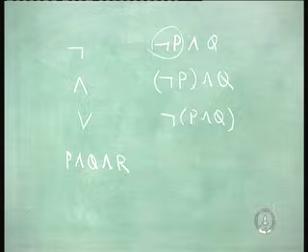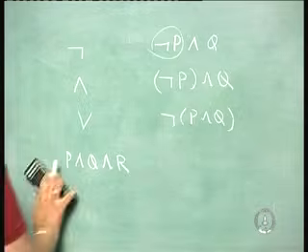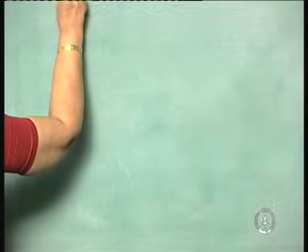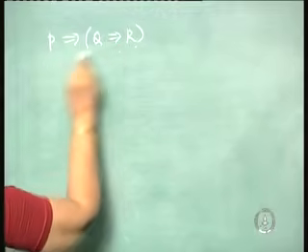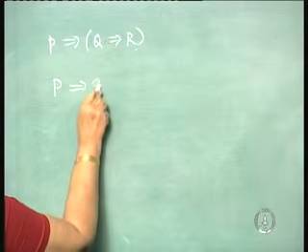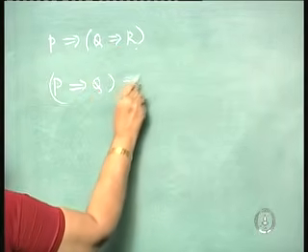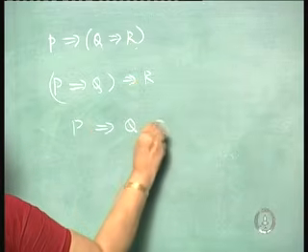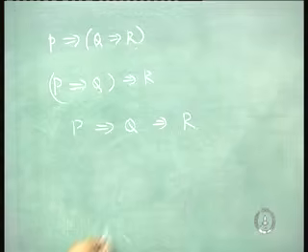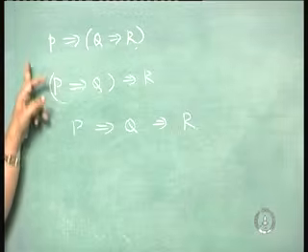Whereas, you can realize that (P implies Q) implies R is different from saying P implies (Q implies R). You cannot simply say P implies Q implies R, because you do not know whether you mean this or that.